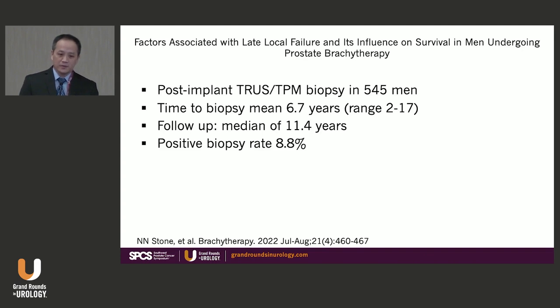This is a post-implant transrectal and transperineal biopsy study in 545 men. It's a late biopsy; the mean time to biopsy is about 6.7 years, ranging from 2 to 17 years, and the median follow-up is 11.4 years. The overall positive biopsy rate is 8.8%.